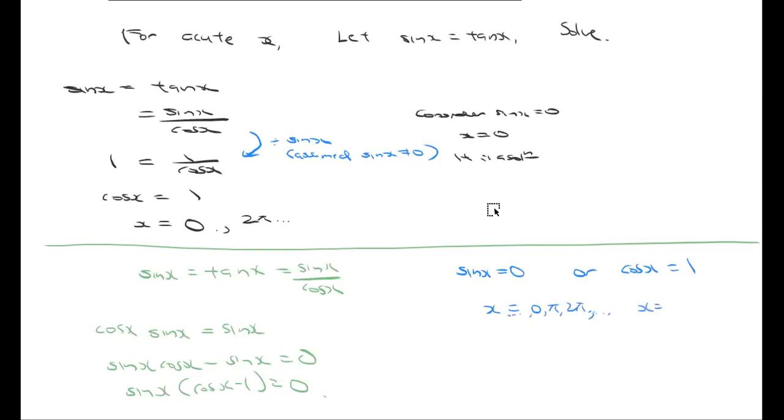And x must equal 0, 2 pi, 4 pi, and also the negative ones if I care. But for x from 0 to pi over 2, for acute, that means x equals 0 only. And there is no solution for x strictly between 0 and pi over 2. So there's no solution for x acute.